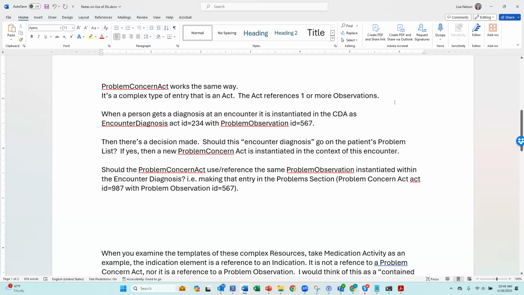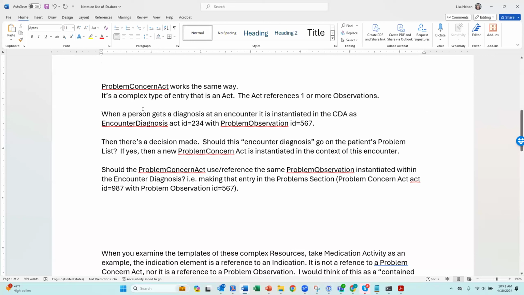I have been thinking a lot about the longitudinal aspect of care. What if a patient goes in, they don't know what's wrong, they have some symptoms, they go see the doctor, and the doctor tells them what's wrong, they get an encounter diagnosis? Well, an encounter diagnosis is another thing over in the encounter section, and it's an act-wrapped problem observation. So if the problem that the doctor tells me I have on that day is diabetes, it's not going away. It's going on my problem list, because it's going to have to be managed over time.